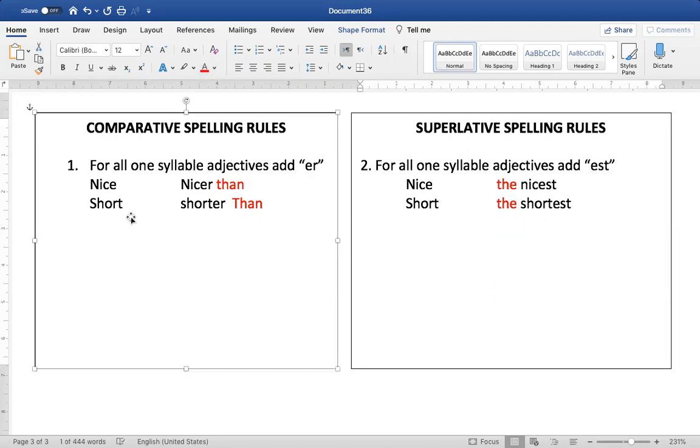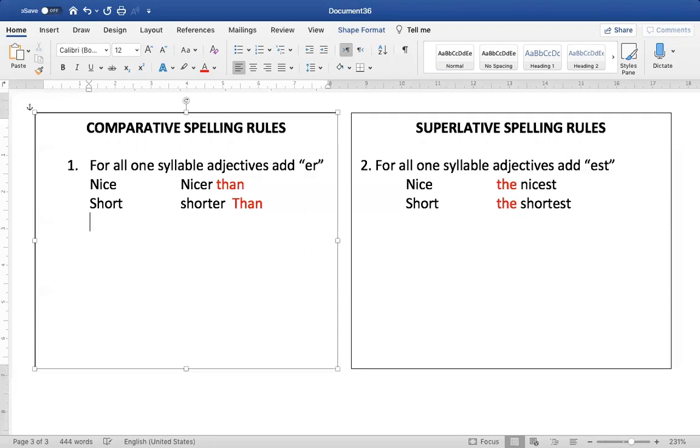Then, friends, spelling rule number 2. For rule number 2, we can say: adjectives ending with Y. I'm not talking about one syllable adjectives only.